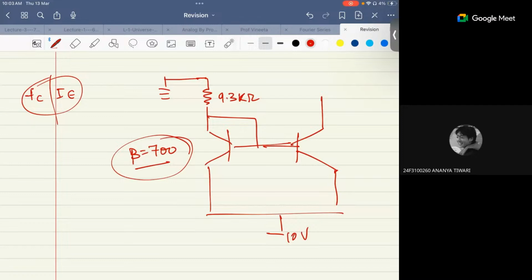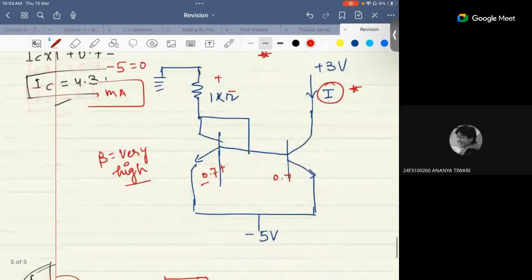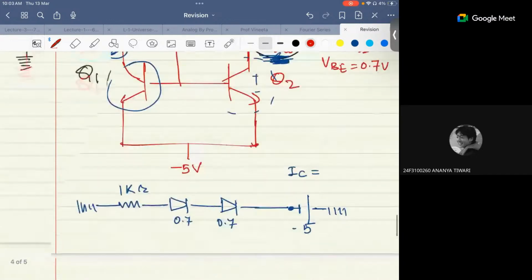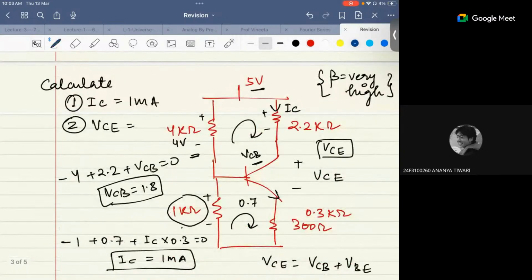And one more thing I told you, right? Whenever you have been asked to calculate the VB or VC or VE, if you have been asked to calculate the collector voltage, just above the collector, you don't directly take this as a collector voltage. You have to calculate the potential here.